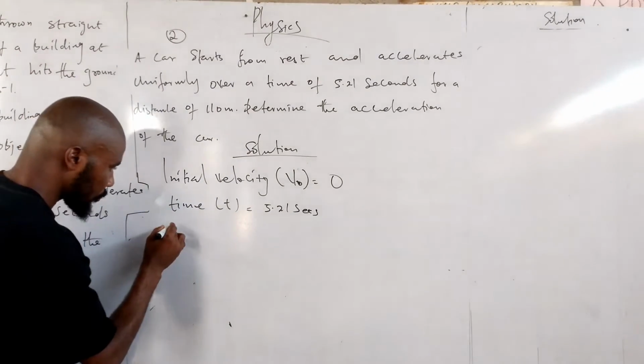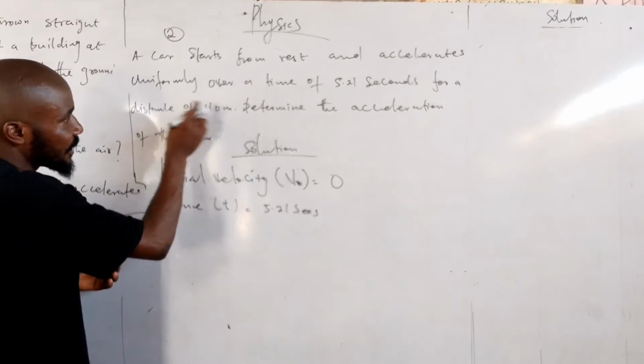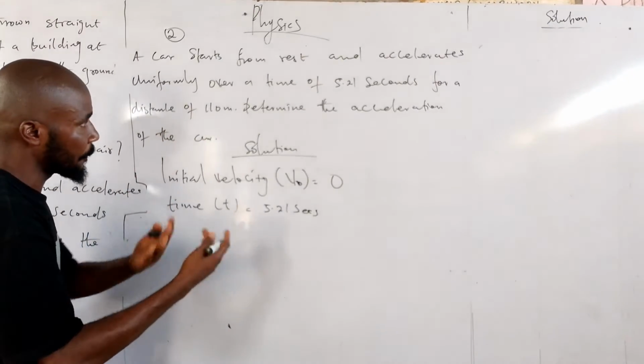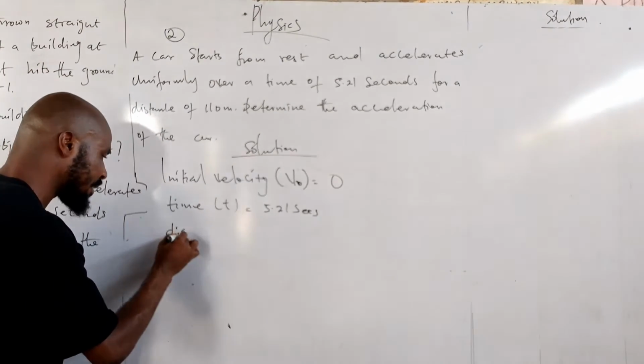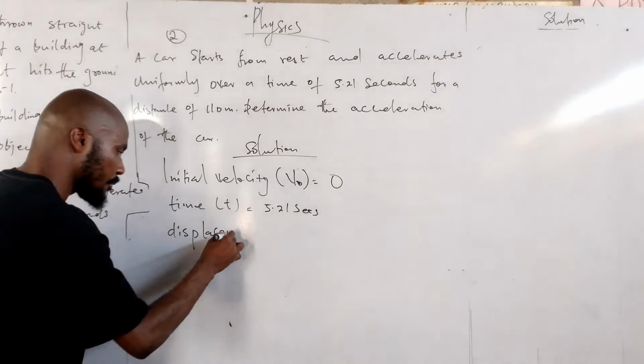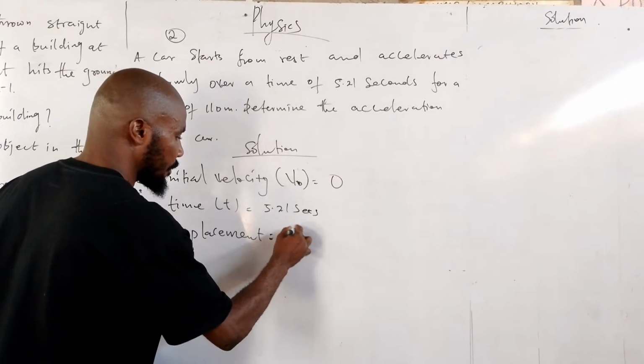So I can use distance or displacement interchangeably. They use distance here because they know the direction of the motion. So the displacement here is equal to 110 meters.